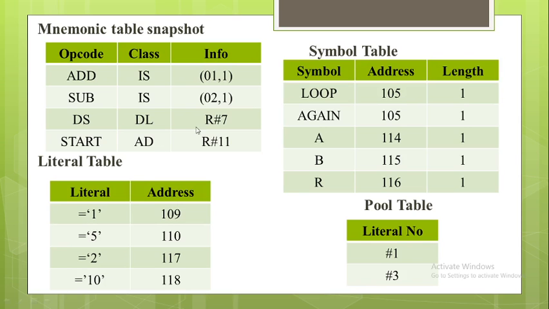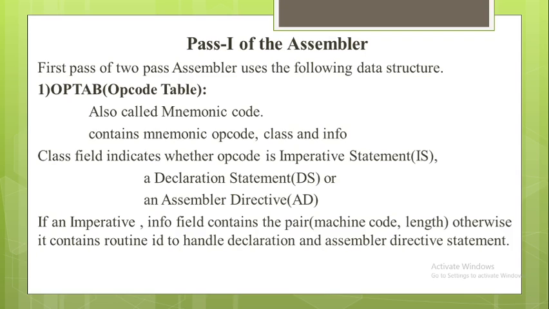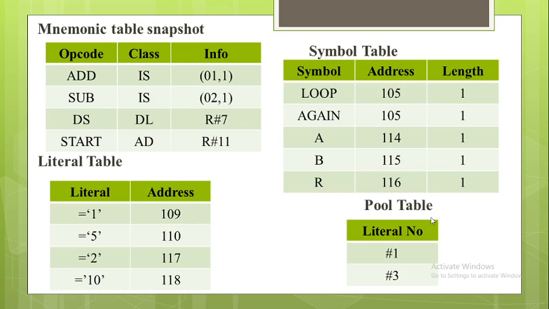Now, in this particular snapshot of the mnemonic table, the opcode that we are going to mention over here is add. As we know that it is an imperative statement, the class will get the entry IS, and as I told you, if it is an imperative statement, the information field contains the pair of machine code and the length.